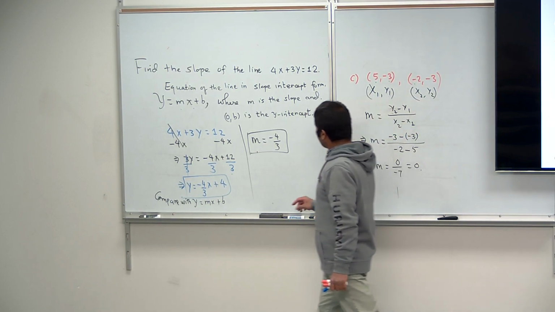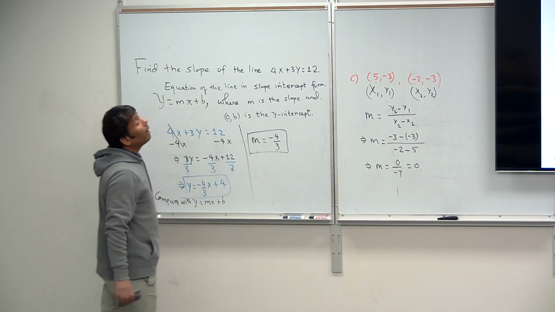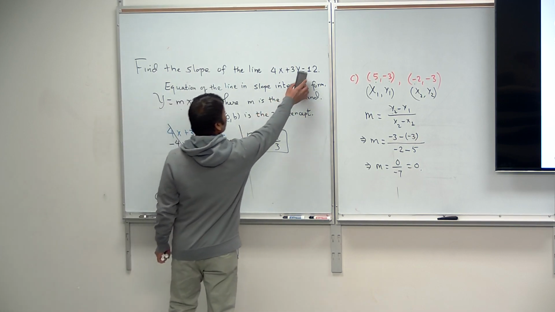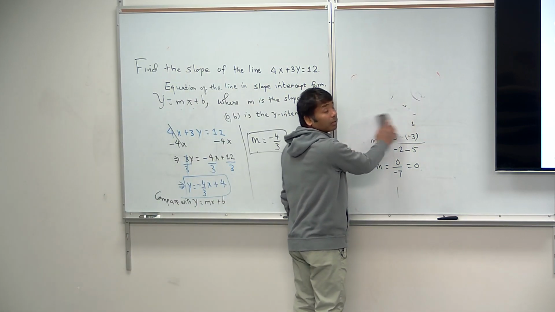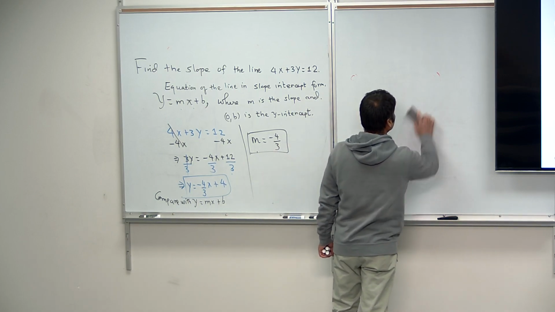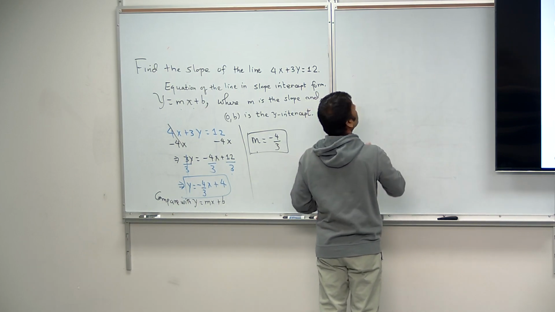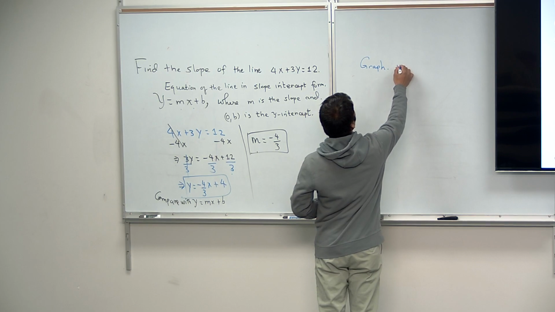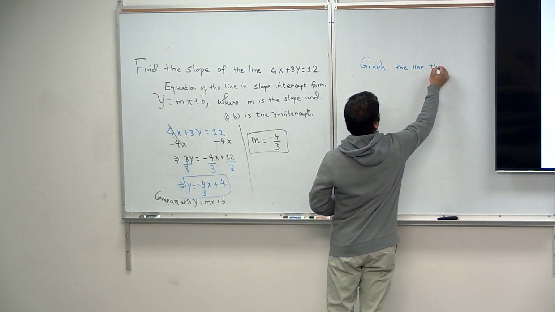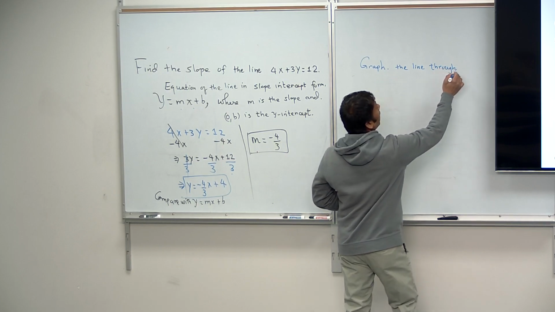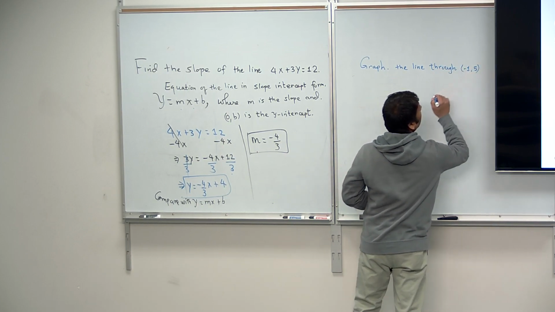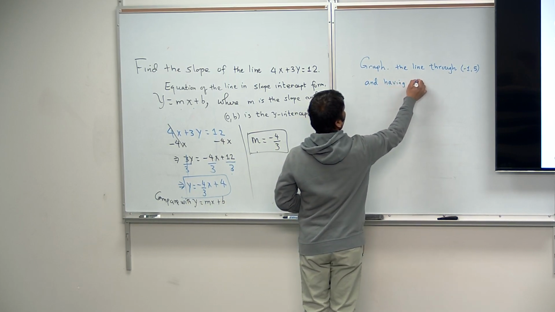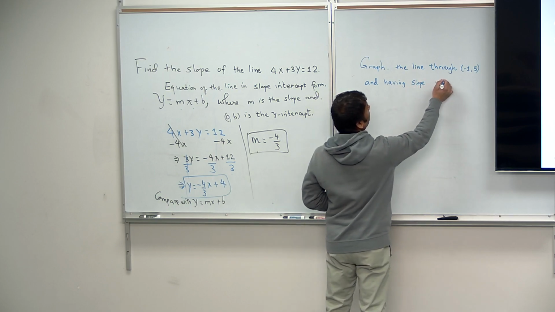So you graph the line passing through the point negative 1, 5 and having slope negative 5 over 3.